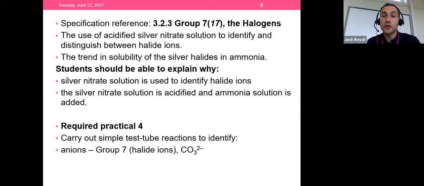Once again, we're looking at chloride, bromide, and iodide ions and their observations with silver nitrate and ammonia solution. We're also looking at carbonate ions, which we can see down here, and the test for those. Some of you may be familiar with that already, but don't worry if not, because the video will go through each of those. So I'm going to play the video, and you can jot down a couple of things.